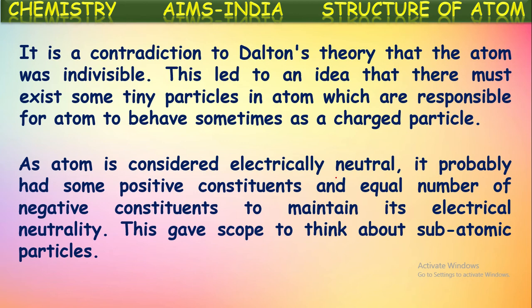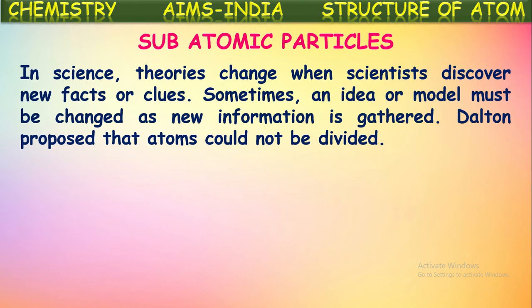So these experimental evidences led the scientists to think about subatomic particles. They assumed that atoms must contain particles with positive charges and the same number of particles with negative charges to maintain the electrical neutrality. In this way, they started the discovery of these subatomic particles. Now let us see about these subatomic particles.